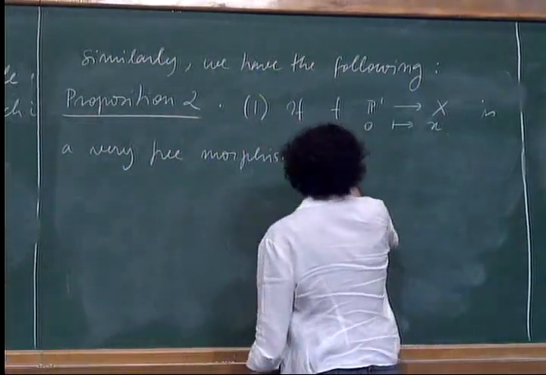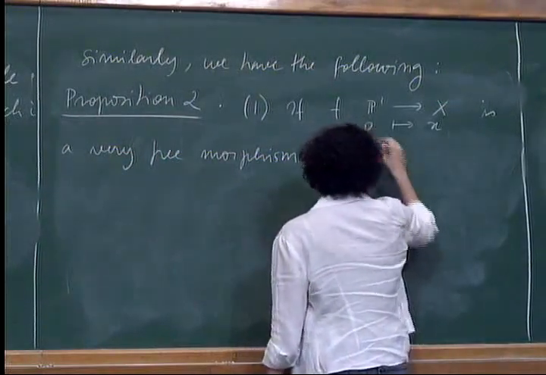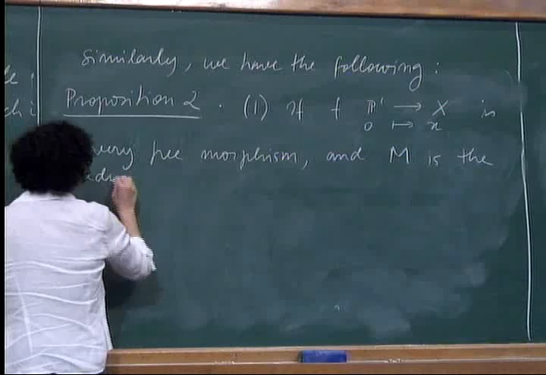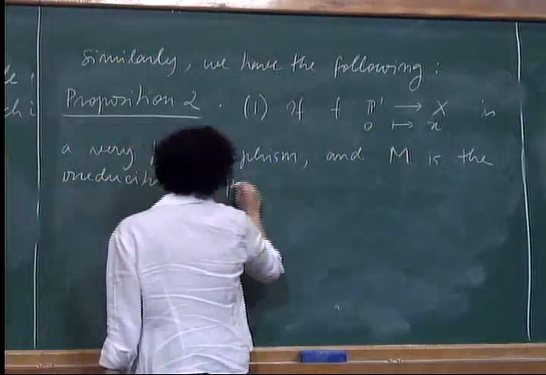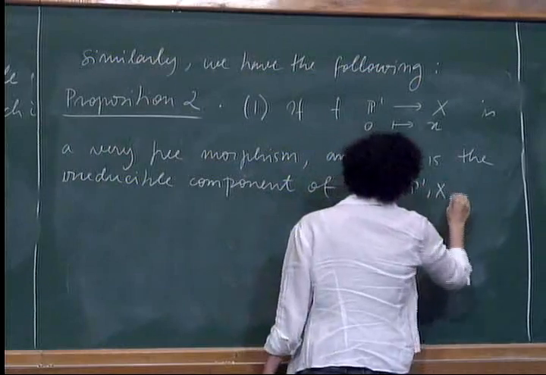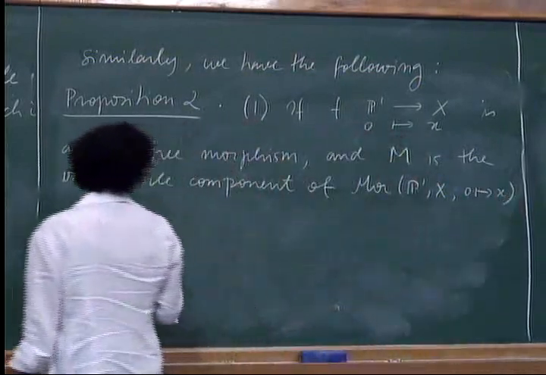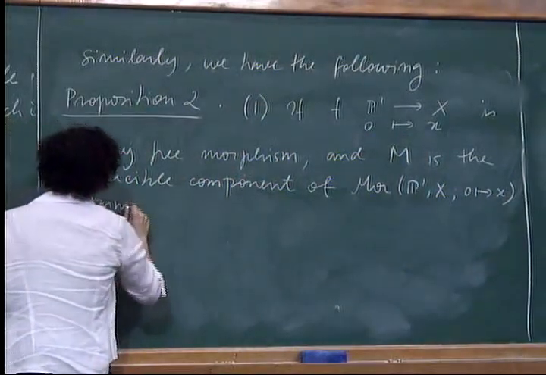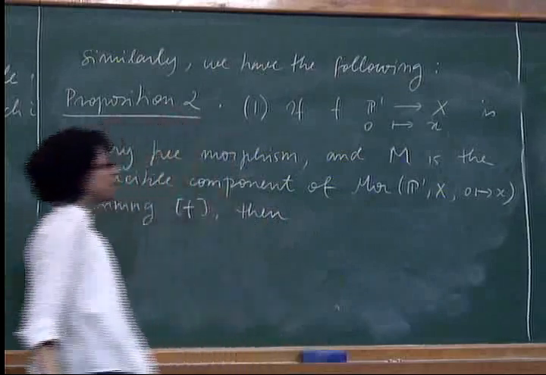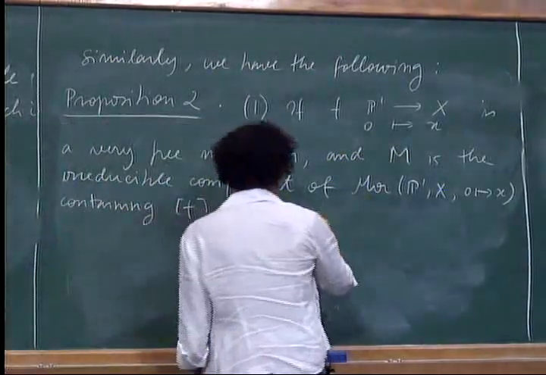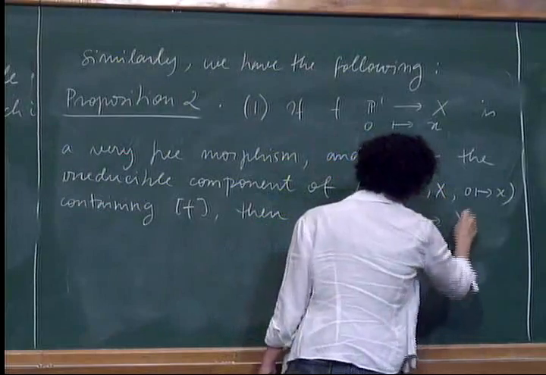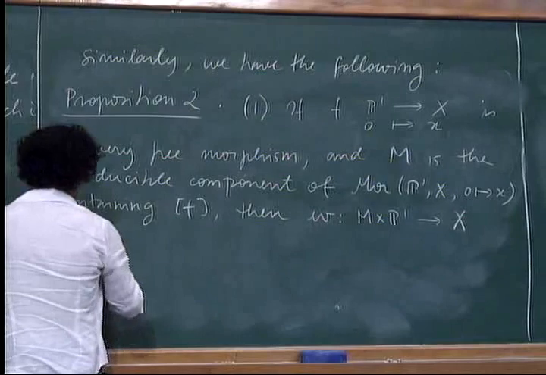And so there is a unique irreducible component containing this point, and M is the irreducible component of the space of morphisms from P1 to X that send 0 to x containing F. Then the evaluation map F from M cross P1 to X is dominant.